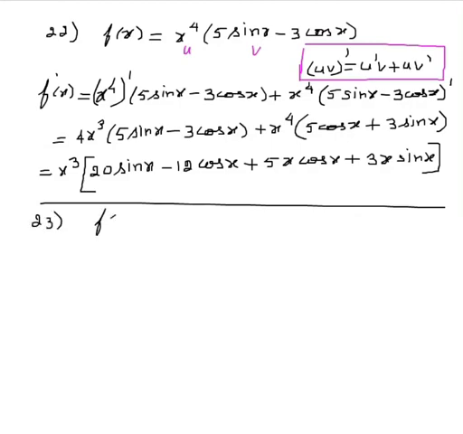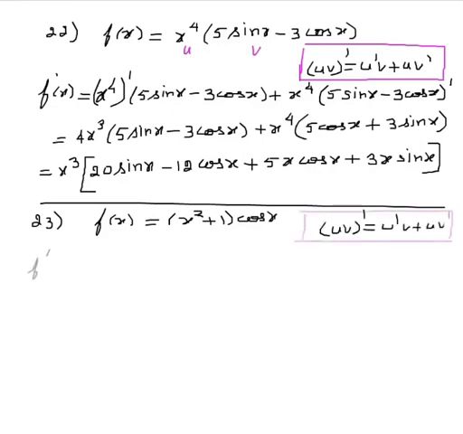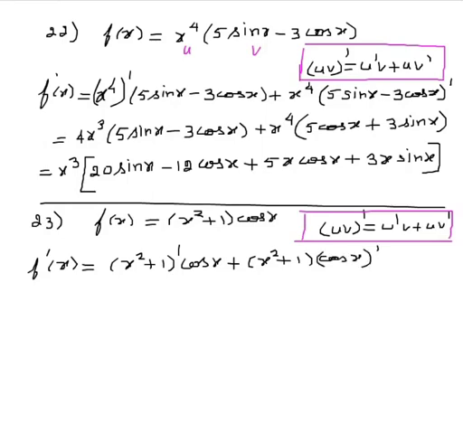Question 23. x square plus 1 times cos x. Product rule. Therefore, f dash of x is equal to the differential of x square plus 1 into cos x plus x square plus 1 into the differential of cos x.